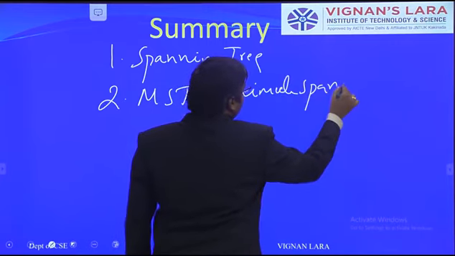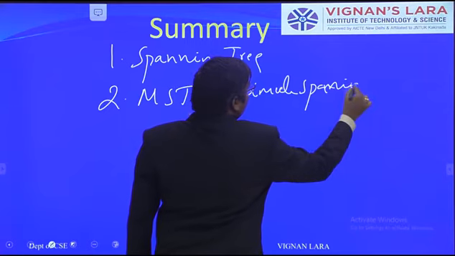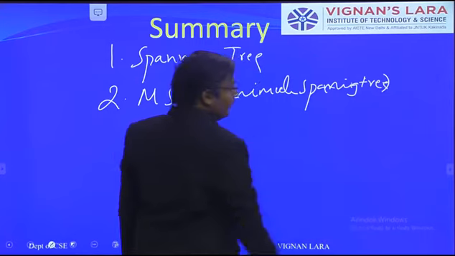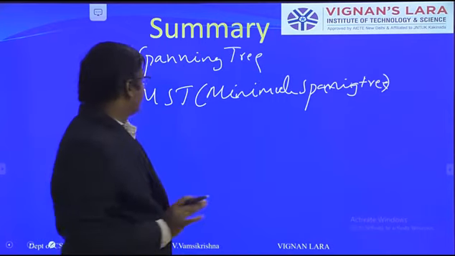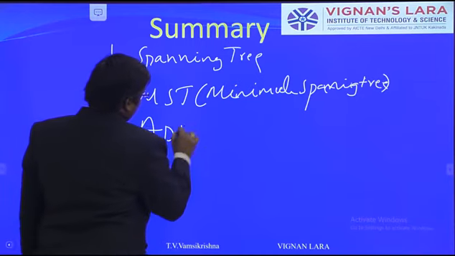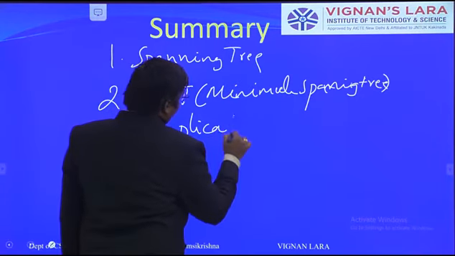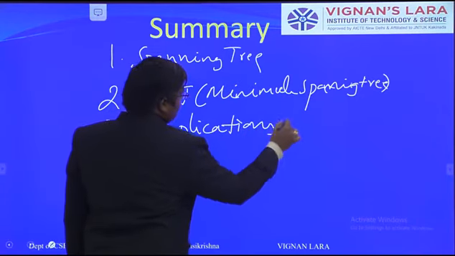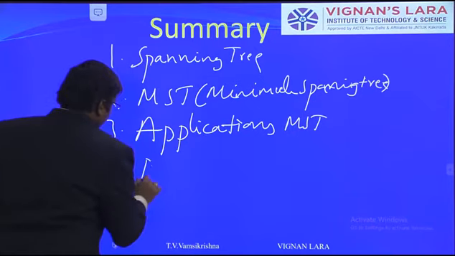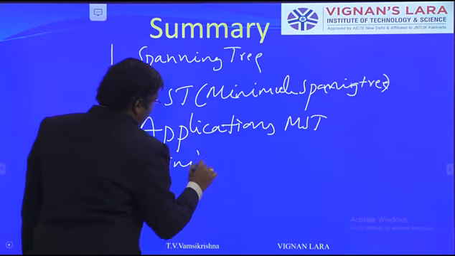What is the difference between a spanning tree and a minimal spanning tree? It is only the weights. Third, the applications of the minimal spanning tree were discussed. Fourth, we were given Prim's algorithm.